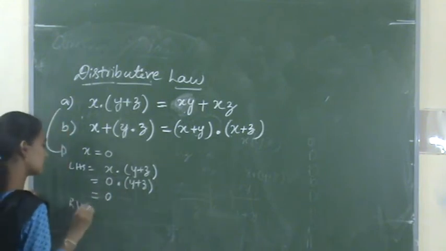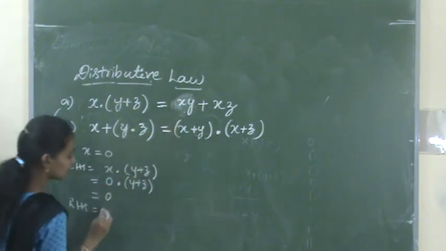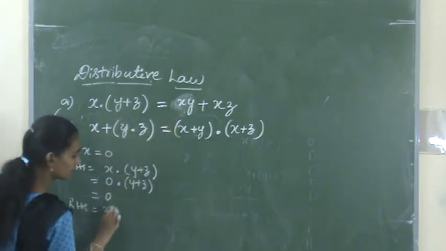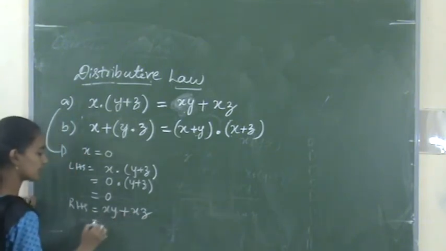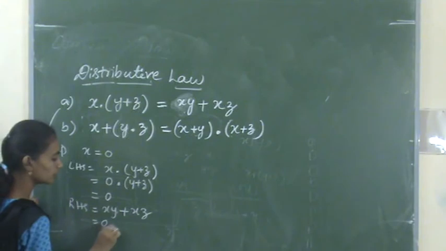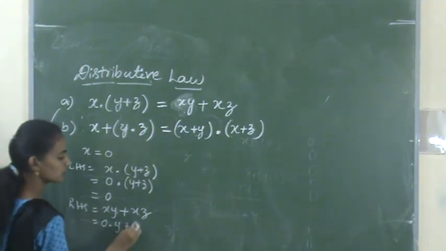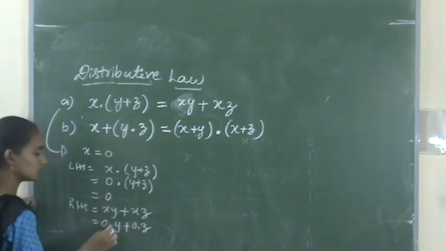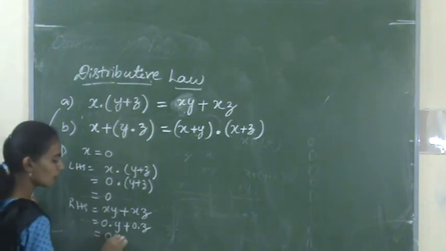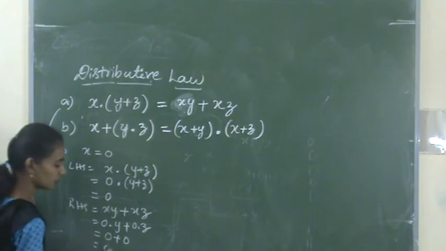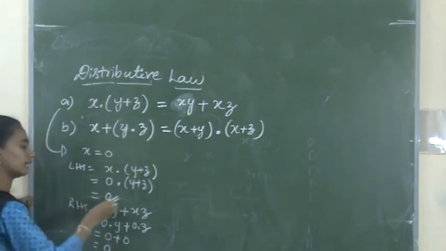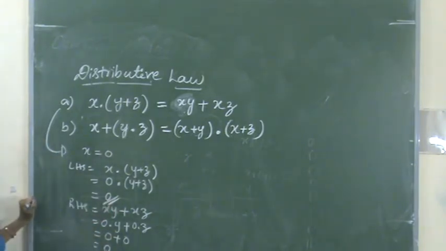Same for the RHS. So what is the RHS? xy plus xz, right? So with x value 0, it is 0 into y plus 0 into z. So 0 into y is 0, plus 0 into z is 0. So 0 plus 0 is 0. So we get that both the LHS and the RHS are equal.